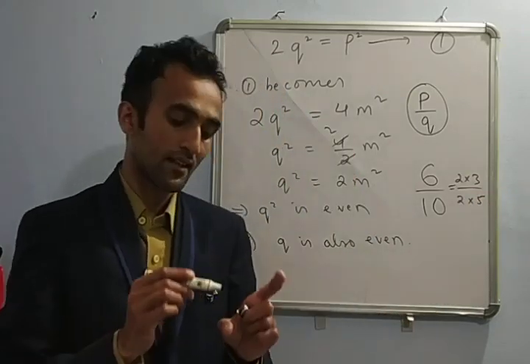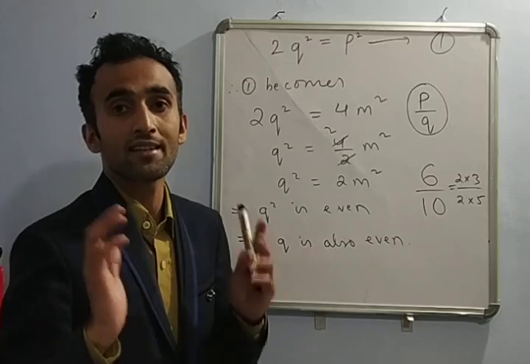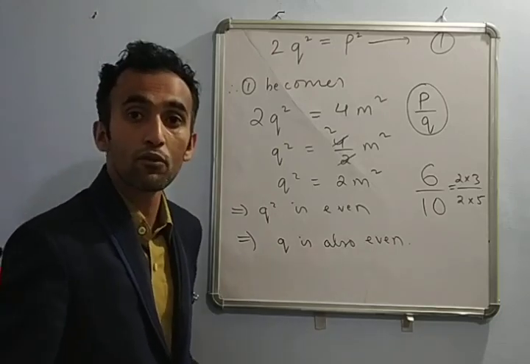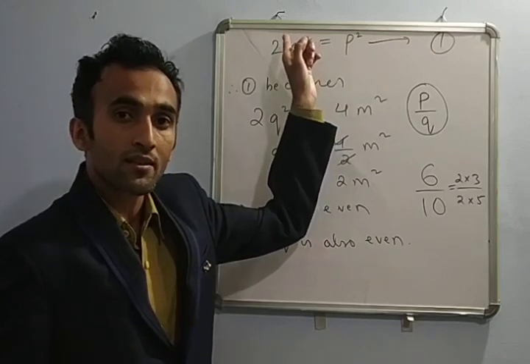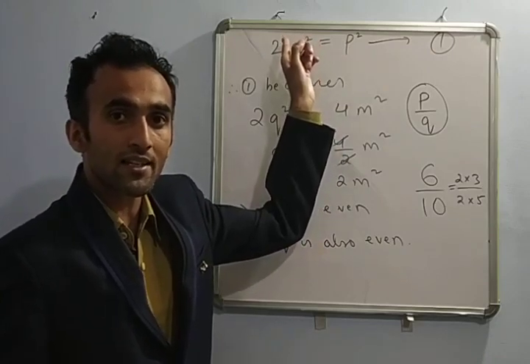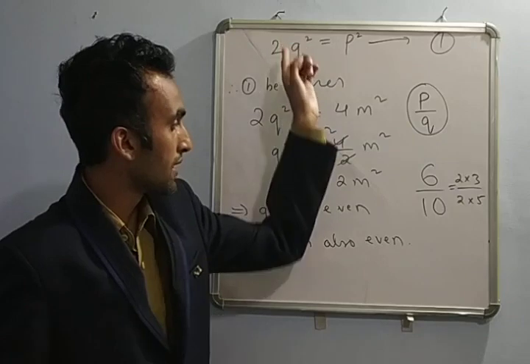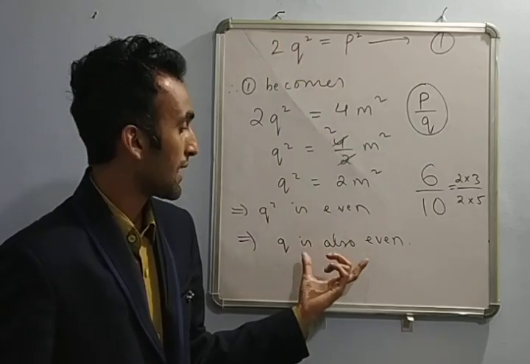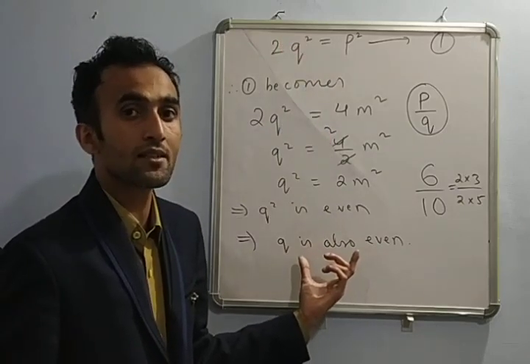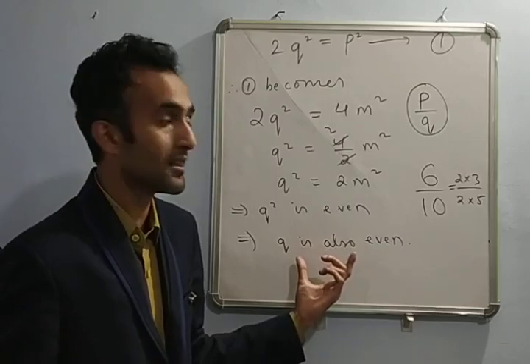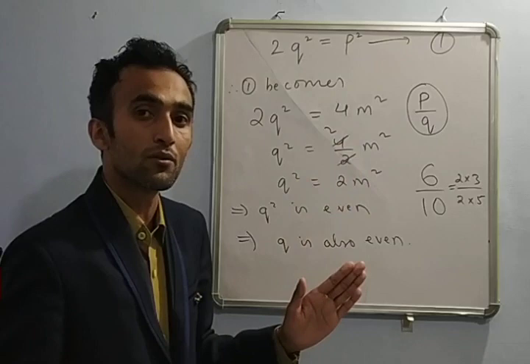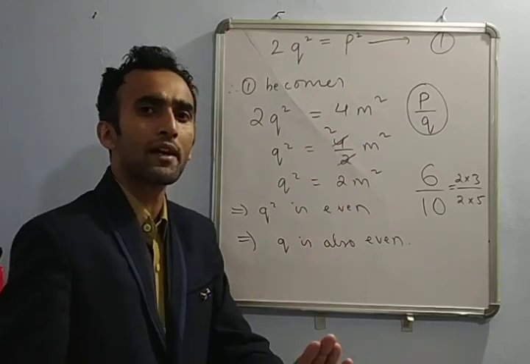What did I assume? They don't have any common factors. It is in simplest form. But now what did I prove? When I assumed that square root of 2 was rational, it is of the form P by Q, which doesn't have any common factor.